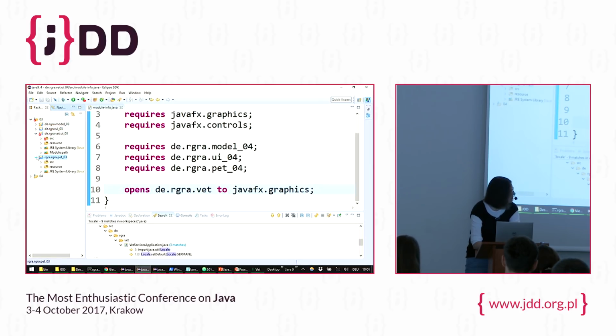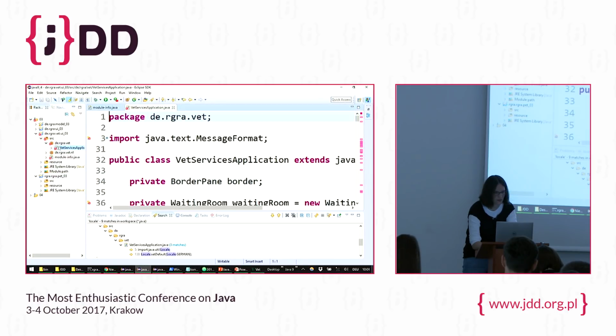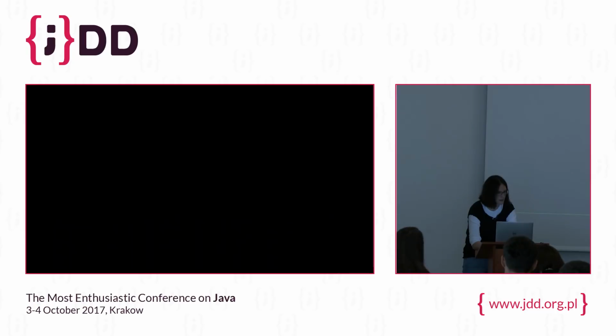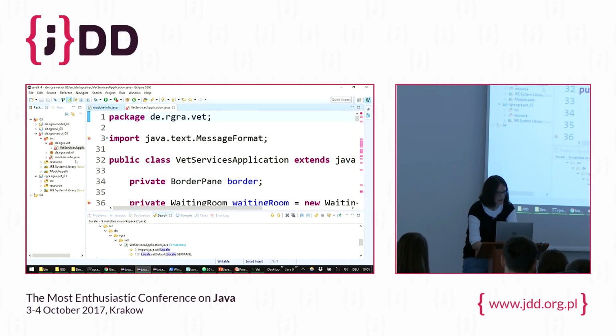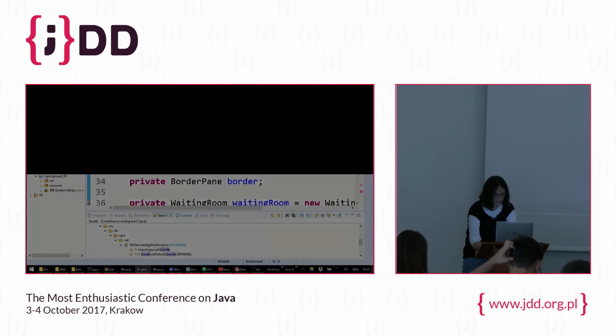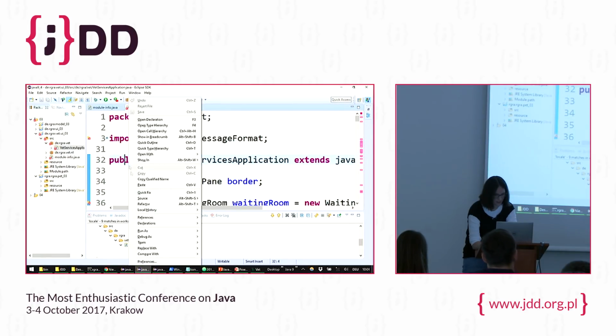So we have four different modules now, which is the pet module, the vet module, which contains the main application class, the vet services application class, and the UI module and the model module. And if we actually start this application, let's have a look. If I can start it.